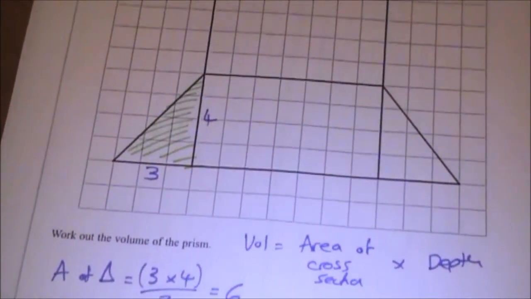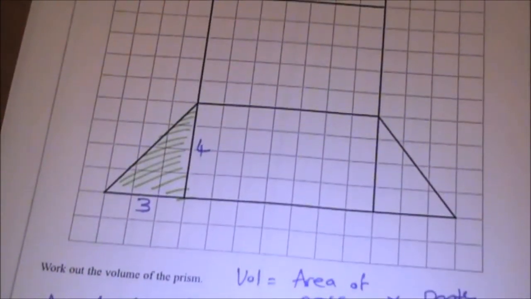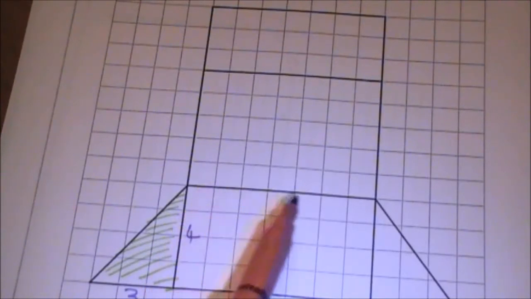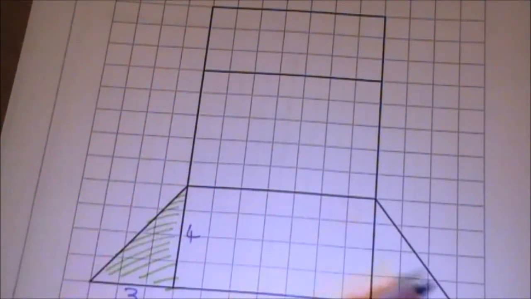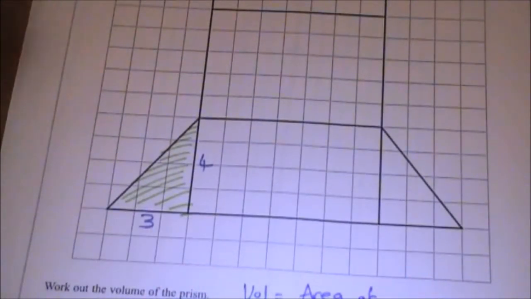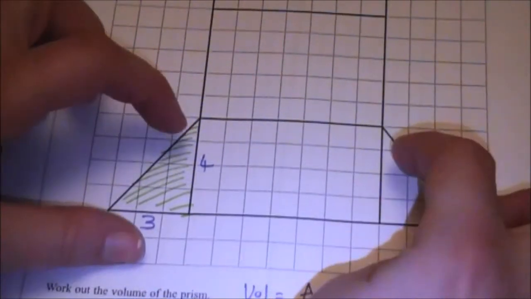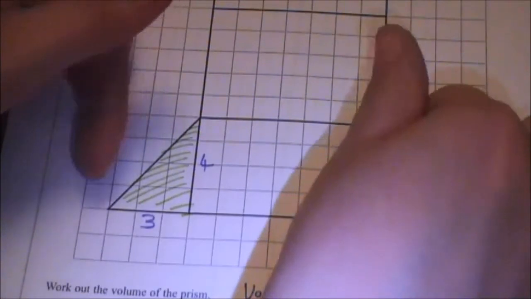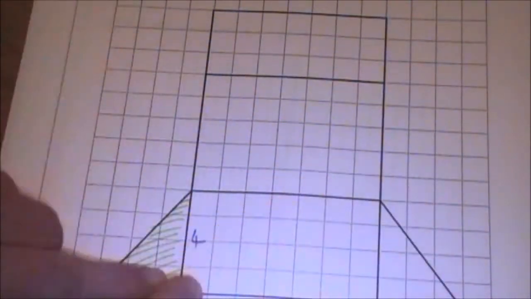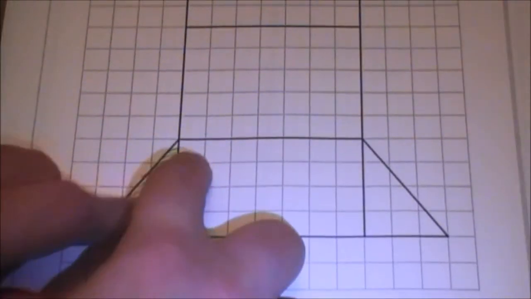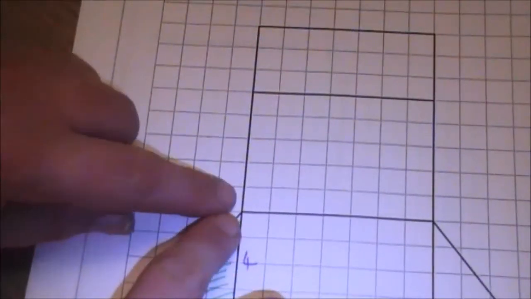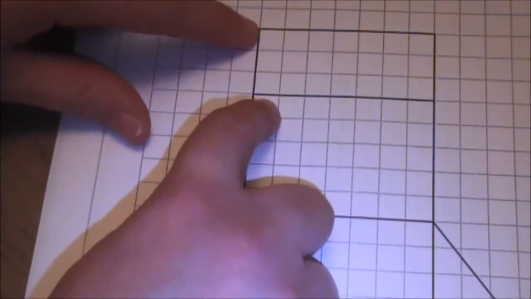Now this is where it has the potential to get tricky, because do we pick that as the depth, or do we pick that as the depth? Now what you need to think with this net is that this part is going to be picked up and pretty much rolled over. So this side and this side are going to line up with that and that.